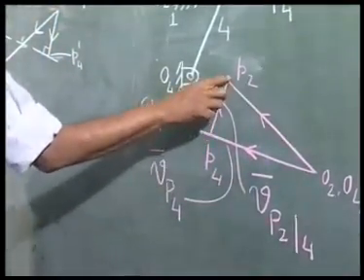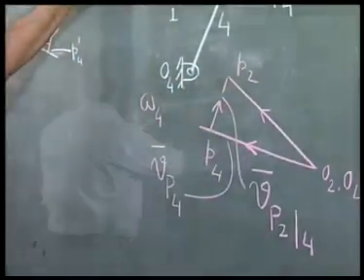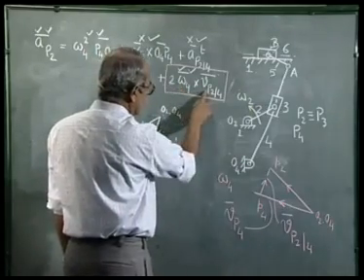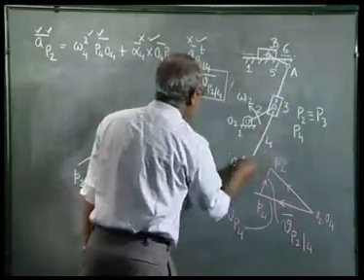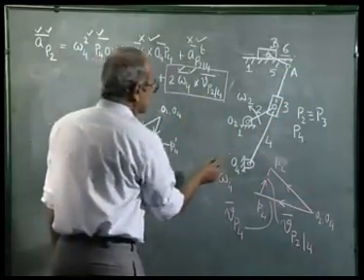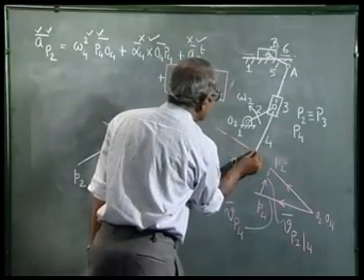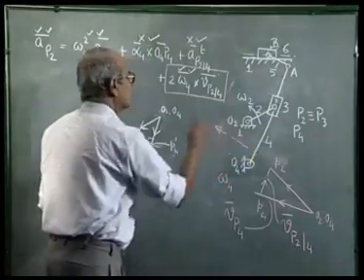And this vector P4P2 represents Vp24. So, in this cross product, because omega 4 is counterclockwise and Vp24 is in the upward direction along O4A, this vector turns out to be perpendicular to O4A and in this direction, in the sense of omega 4 rotated through 90 degree.